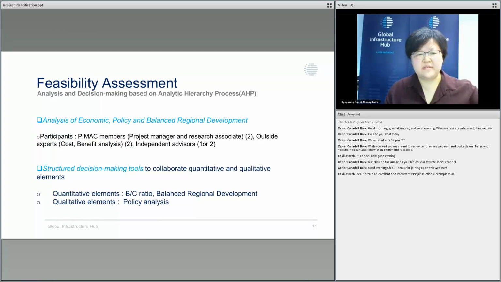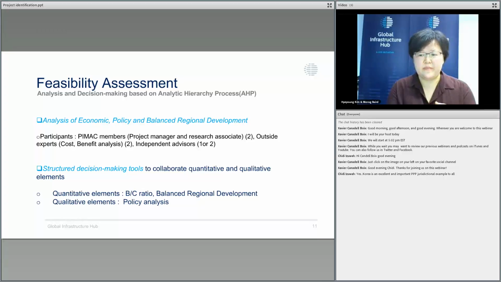And as I mentioned before, the feasibility assessment is very important to decide whether to keep going to the VFM assessment or whether the project should be rejected. So the analysis for feasibility assessment is very strict and very comprehensive.